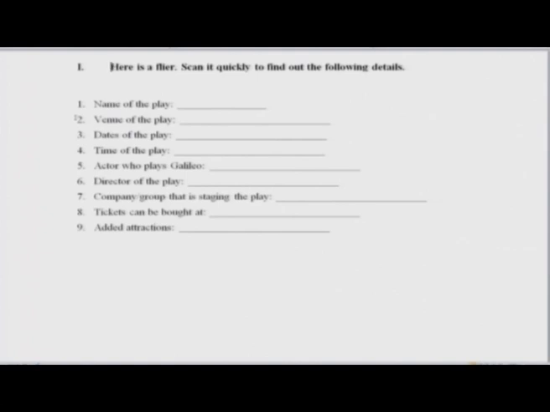These are the details you would want to find out before deciding whether to go there or not: name of the play, venue, dates, time, some information about the lead actor or actors, the director, the company which is staging it, how and at what rates you buy tickets.